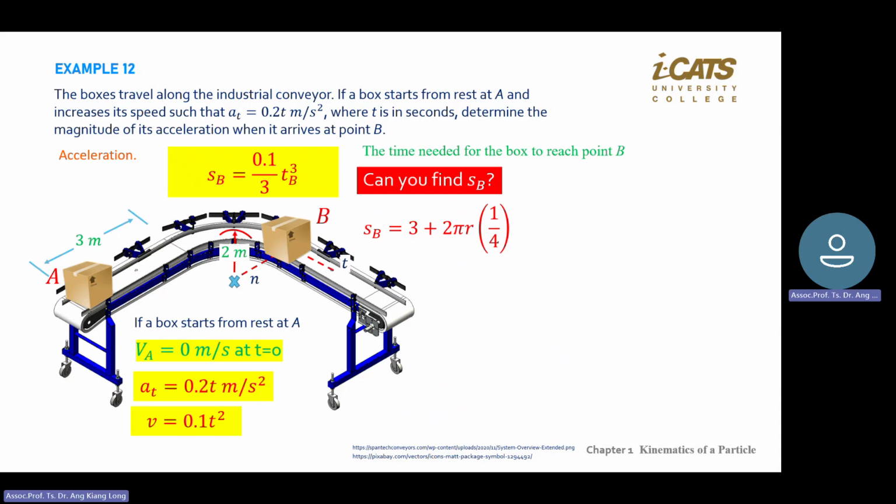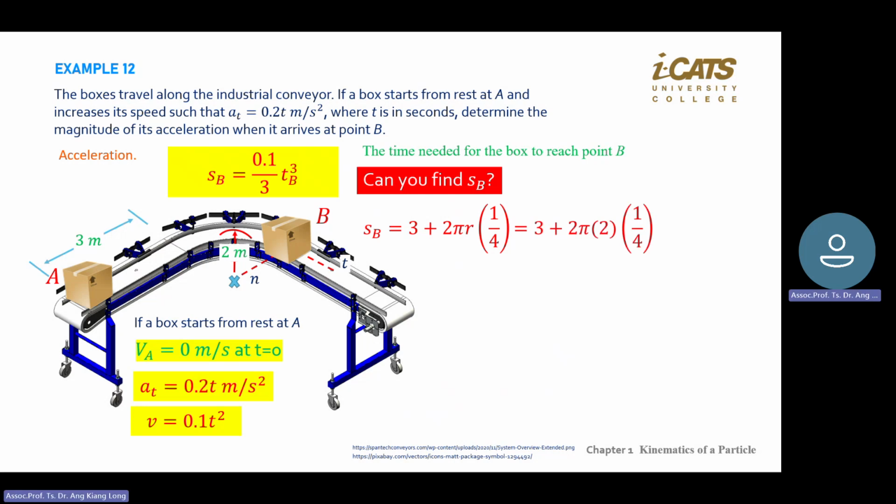You need to recall the curve S is 2 pi r. S equal to r theta, right?